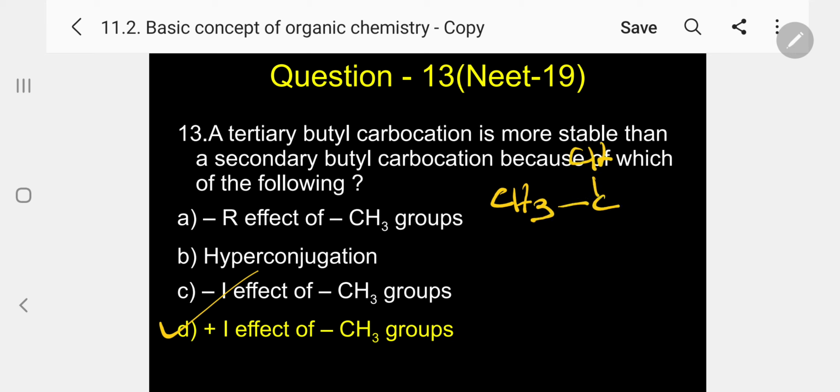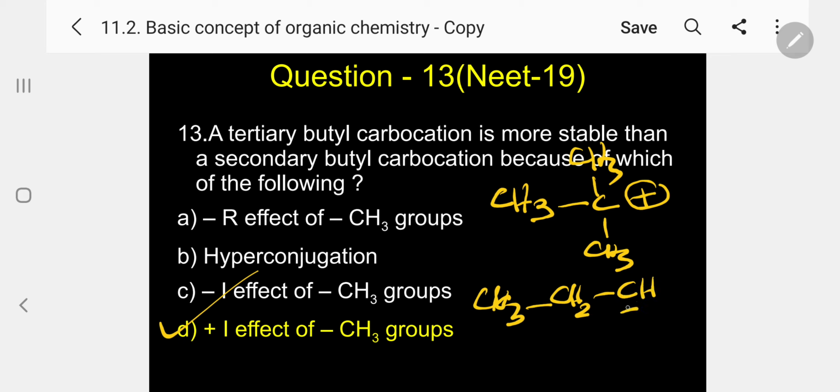CH3, CH3, CH3 plus. This is the tertiary butyl carbocation or carbonium ion. What is the secondary butyl? CH3, CH2, CH plus, CH3. This is secondary, and this is tertiary.